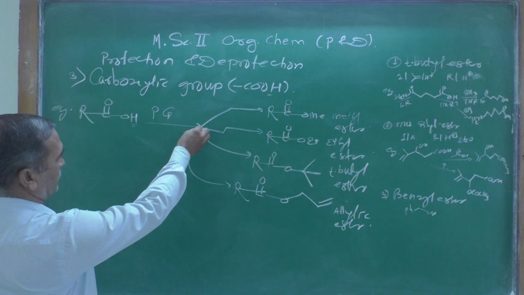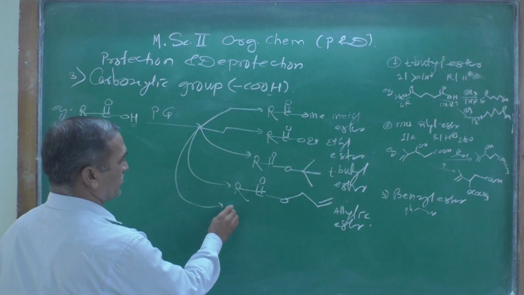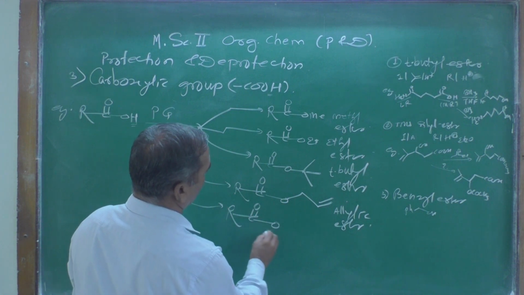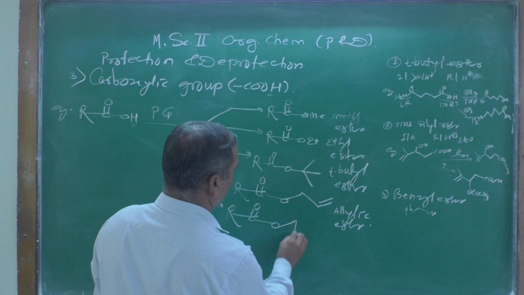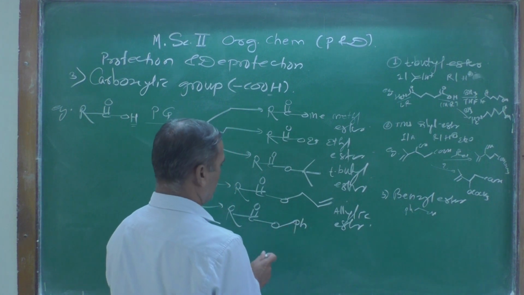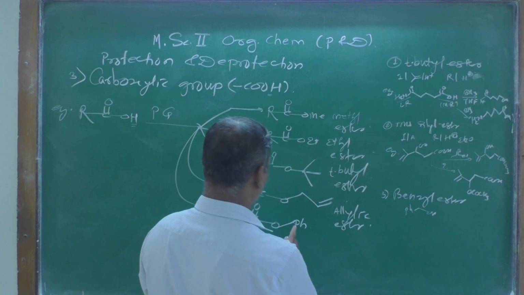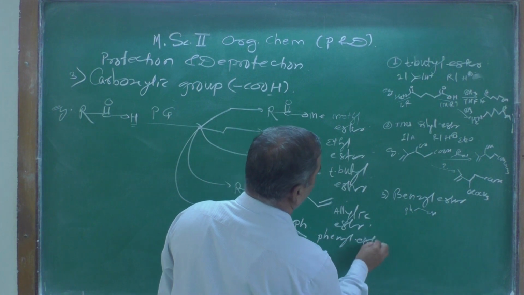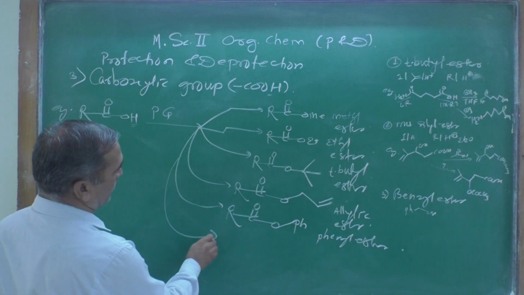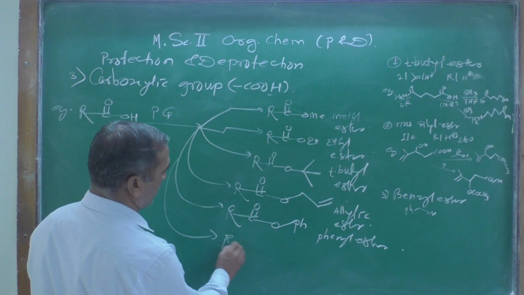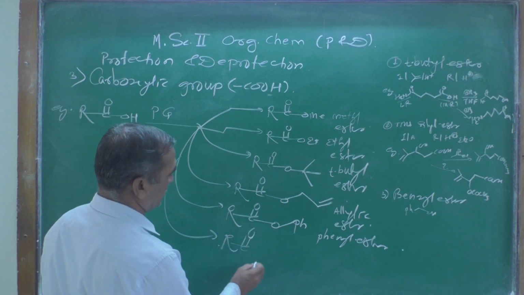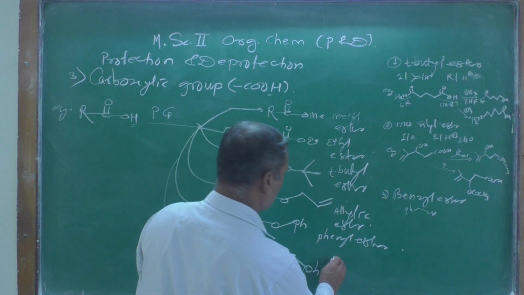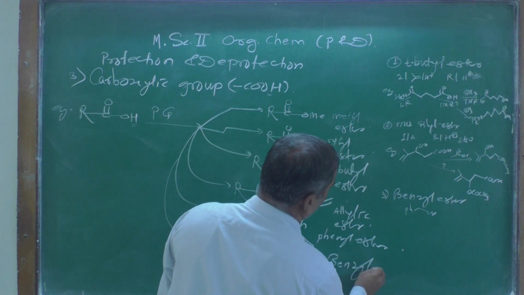Or if you treat with some protecting group, you will get R O, then Ph, and it is called a phenyl ester. Or if it is treated with some reagent, you will get this type of compound, that is CH2Ph, which is called a benzyl ester.